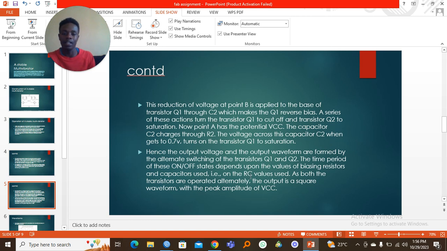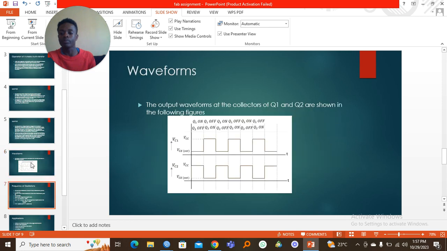As both transistors operate alternately, the output is a square waveform with the peak amplitude of VCC.